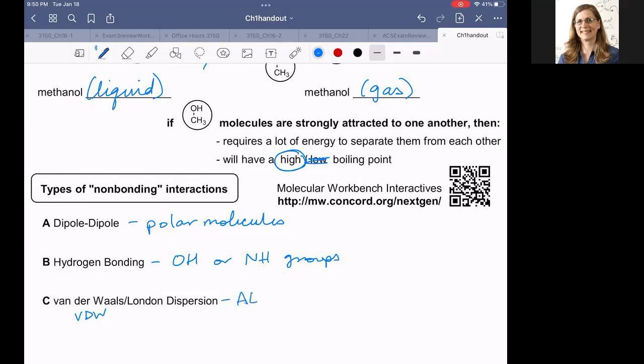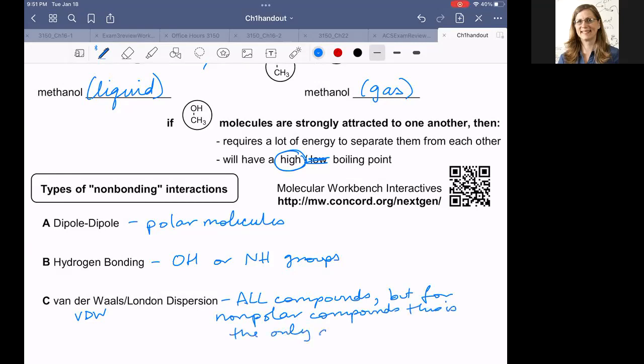And these are found in all compounds. All compounds exhibit van der Waals or London forces, but for nonpolar compounds, this is the only attractive force.